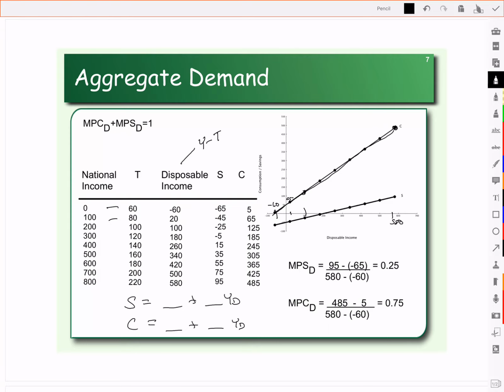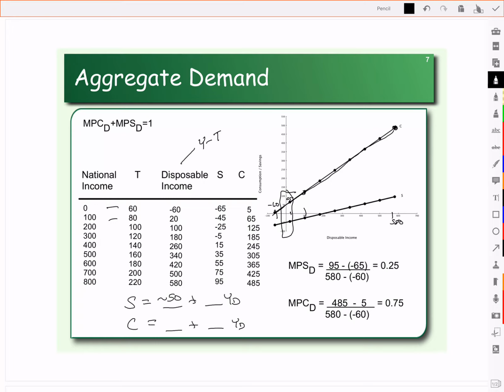To find the formula for consumption spending then, we need to figure out where we cross the vertical axis. So if we look here, that's approximately 50. So I'll just put a squiggle line in front of it here since it's just approximately 50. What we really care about, though, is the slope of this line.